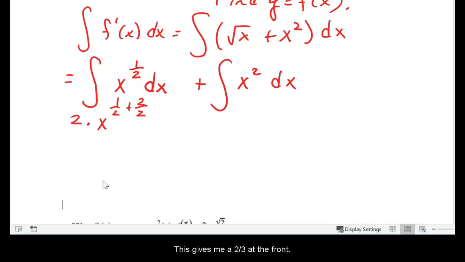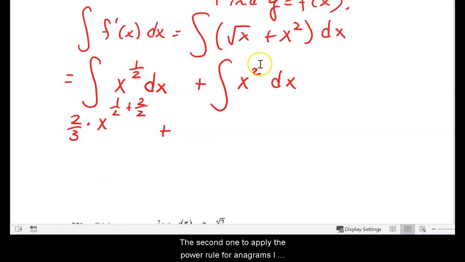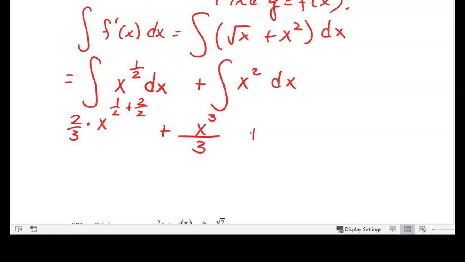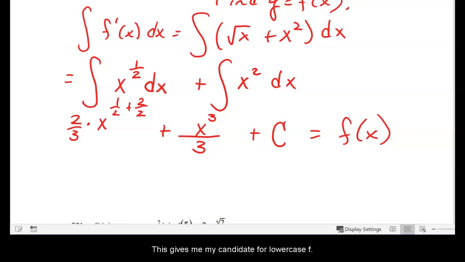This gives me a 2/3 at the front. The second one, to apply the power rule for integrands, I increase the power 2 to 3, and I divide by the new power, which is 3. Then I add on the constant. This gives me my candidate for lowercase f.